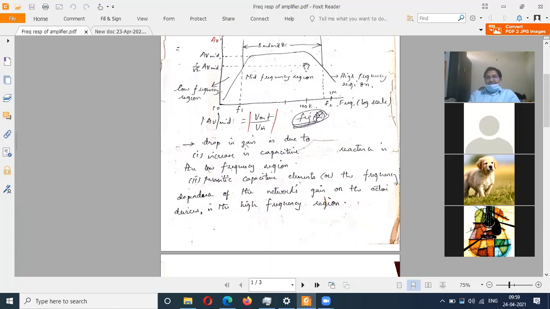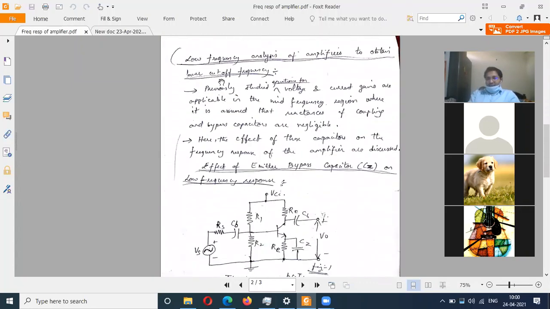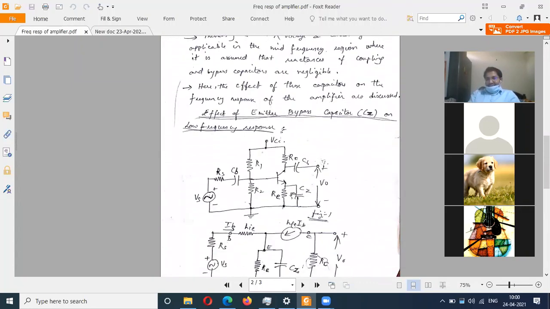This one is due to the circuit capacitors CB, CE, and then this is again CB. These are called coupling capacitors or blocking capacitors. CB, they block the DC from entering this side or entering the load.